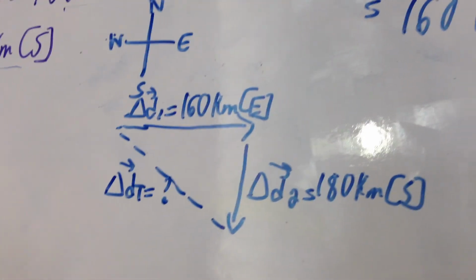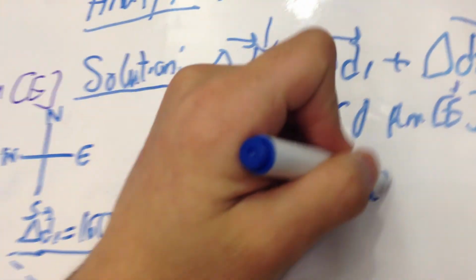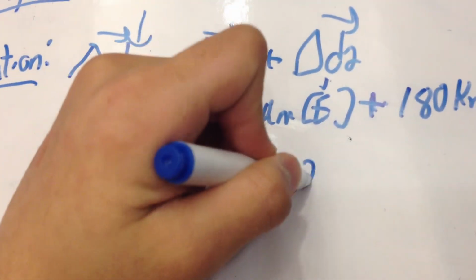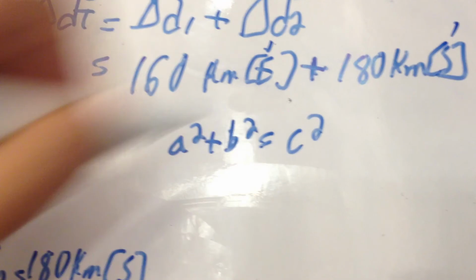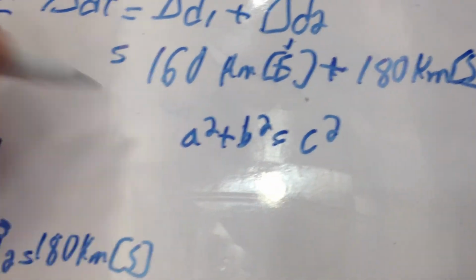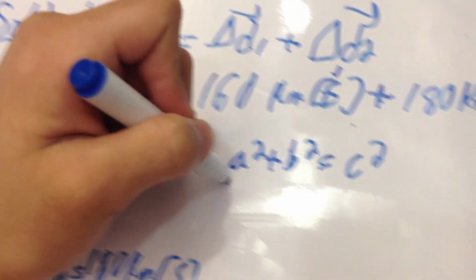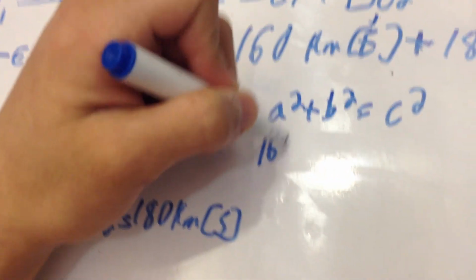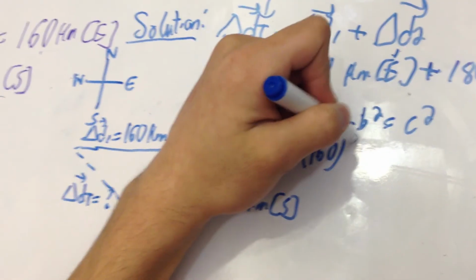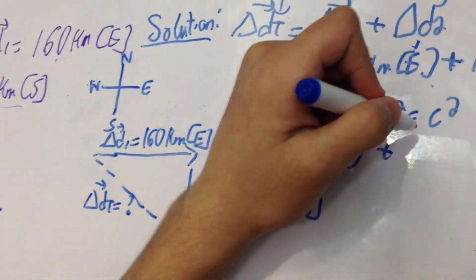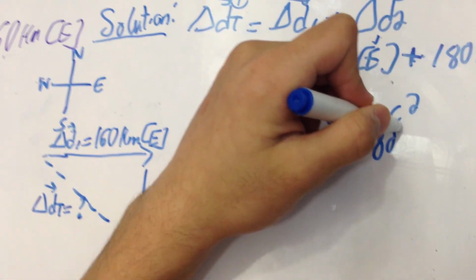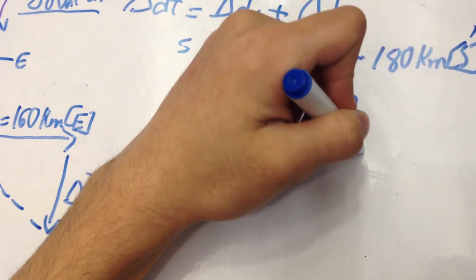Now, using the Pythagorean theorem, the formula is a squared plus b squared equals c squared. Where a and b are, that's where we're going to put our values. So (160) squared plus (180) squared equals c squared.